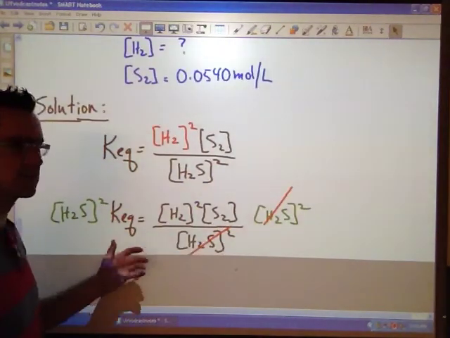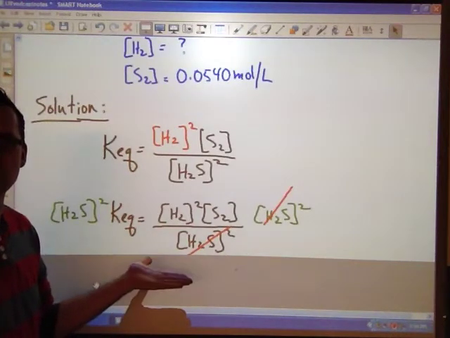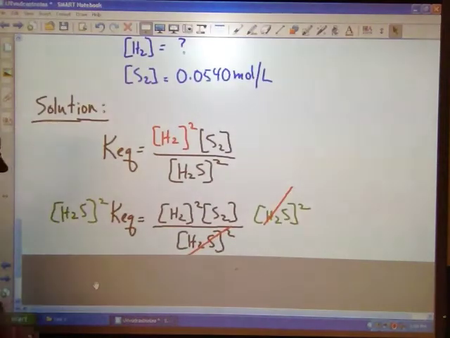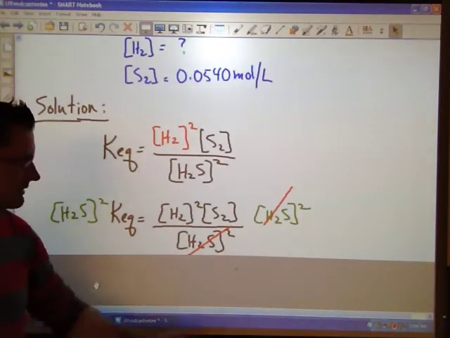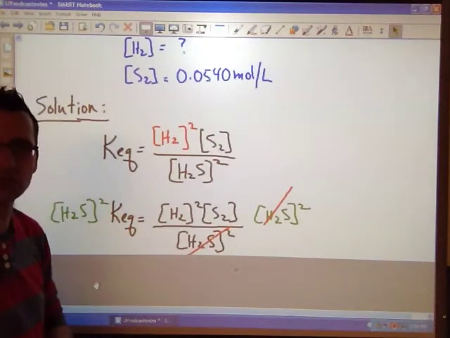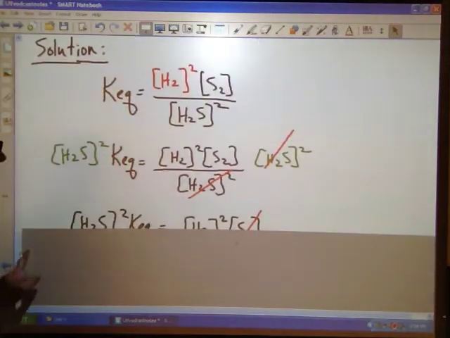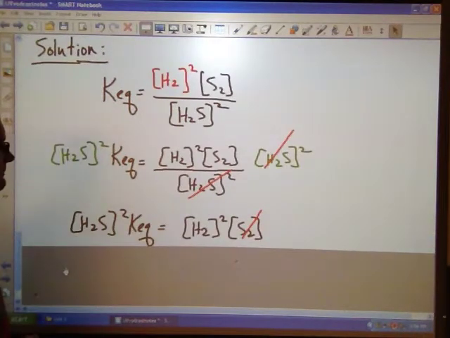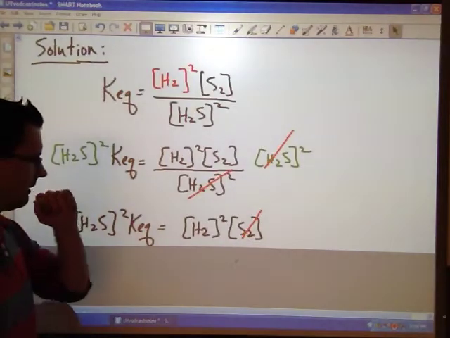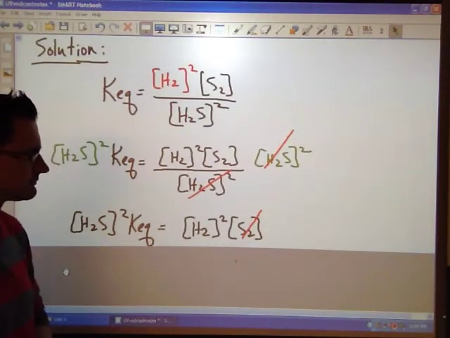You have to think of this equation like a seesaw. What you do to one side, you have to do to the other to make it balanced. So if I'm multiplying that by H2S squared, I have to multiply the other side by H2S squared. You can see I crossed it off because H2S squared divided by H2S squared is 1. So I end up with H2S squared multiplied by KEQ equals H2 squared times S2.